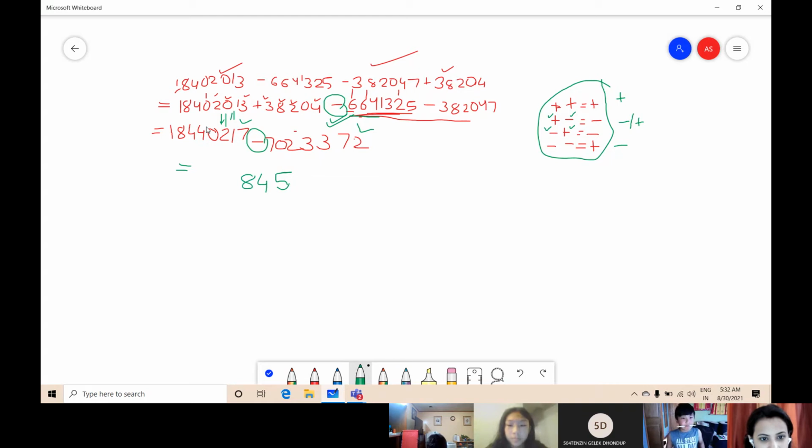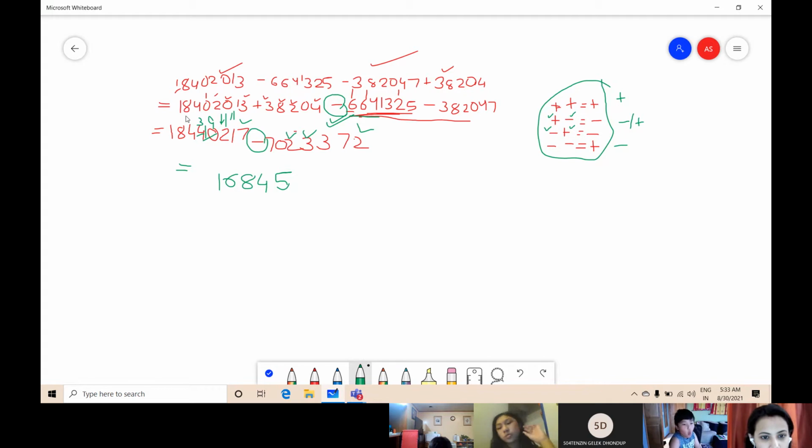Now we will make it 10 and we have given one carry, so it will become 9. Now 9 minus 3 will be 6. Now see here I have given carry to the right side, so it will become 3. Now 3 minus 2 will be 1.